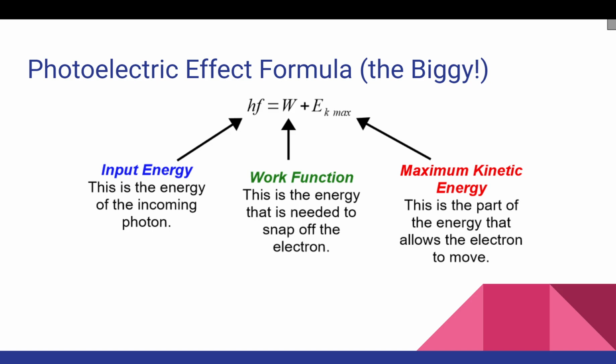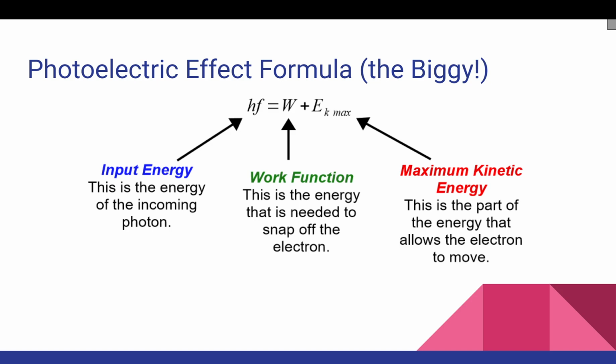Remember, work function is the idea that we're snapping off the easiest electrons. So that means we're leaving the most energy possible for kinetic energy flying away. Now, if you look at all three parts of this, and it's not necessarily immediately something that might jump out at you, the first part, the input energy, is energy. The work function is also energy.